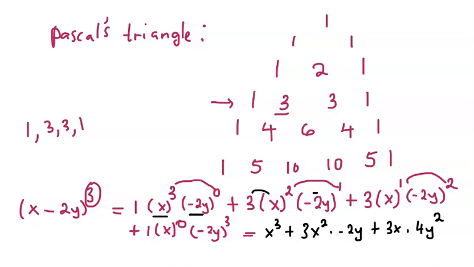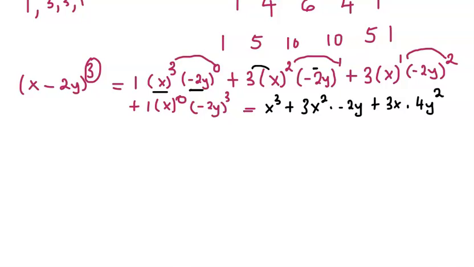Then this last term, plus 1 times x to the power of 0, which is 1, multiplied by negative 2y cubed. The power is odd, so we're expecting a negative answer. 2 cubed gives us 8, so we have 8y cubed.